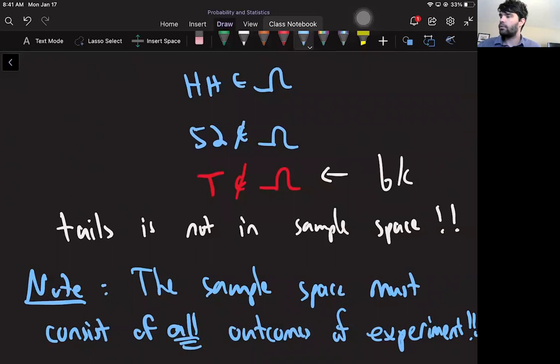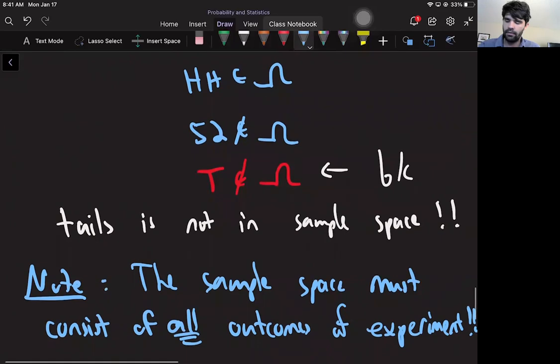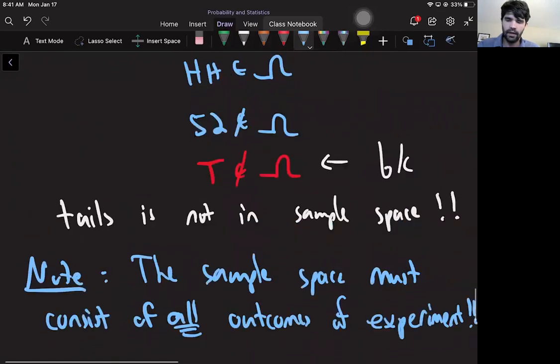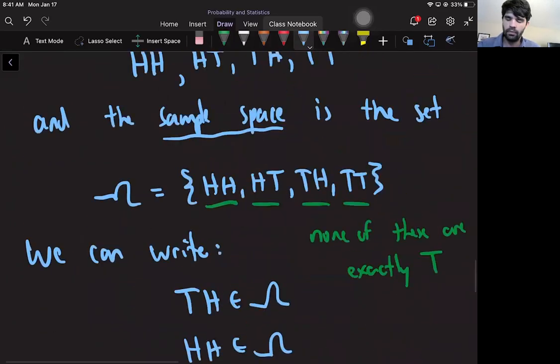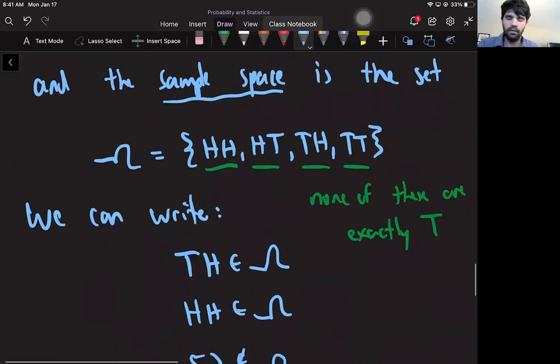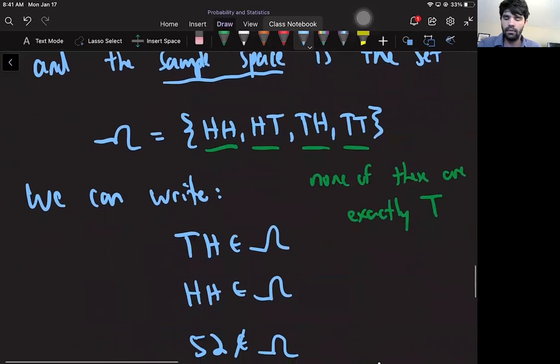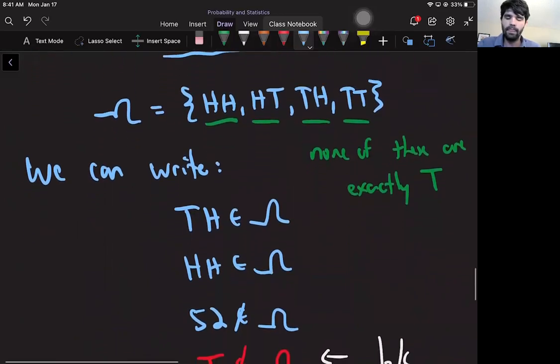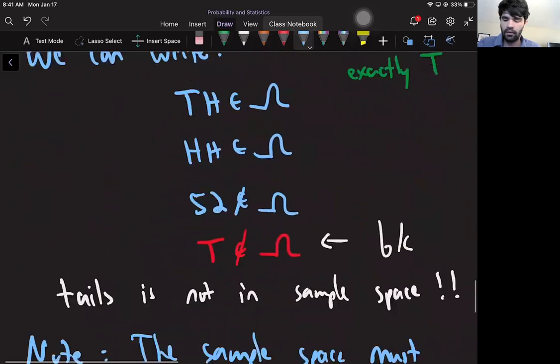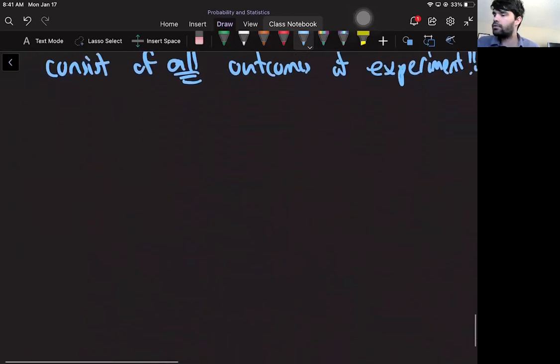They all got to be accounted for. Okay. Basically, the thinking is that we need to express everything that could possibly happen so that when we talk about probability, we're not going to leave something out, or it wouldn't make sense. You need to account for everything that could happen when you're talking about probability. So we got to make sure not to forget.